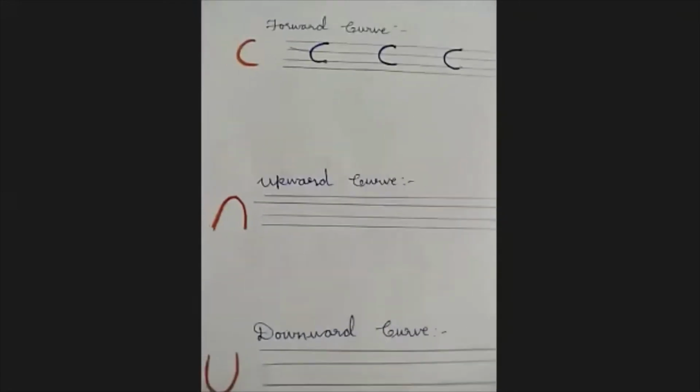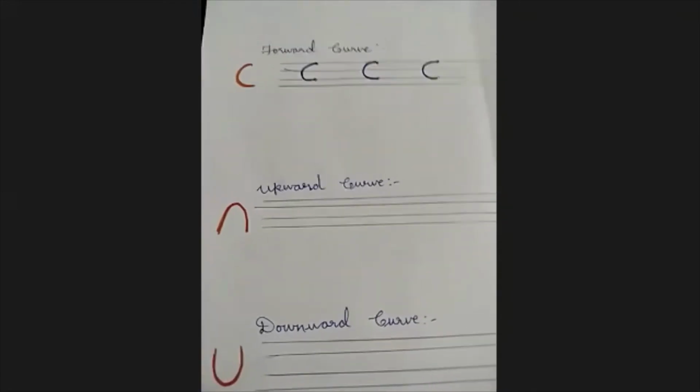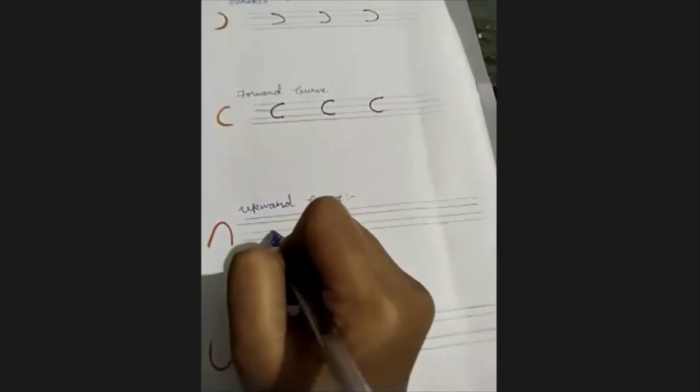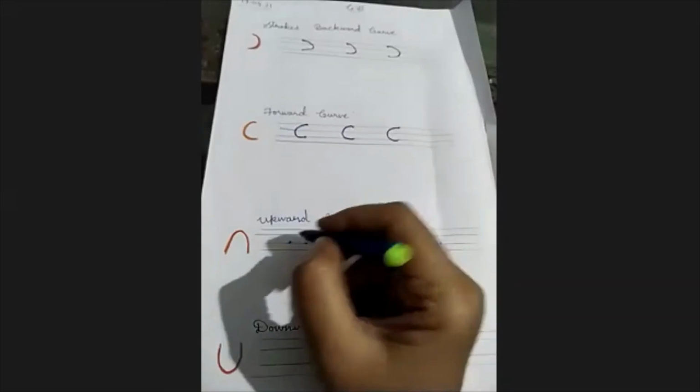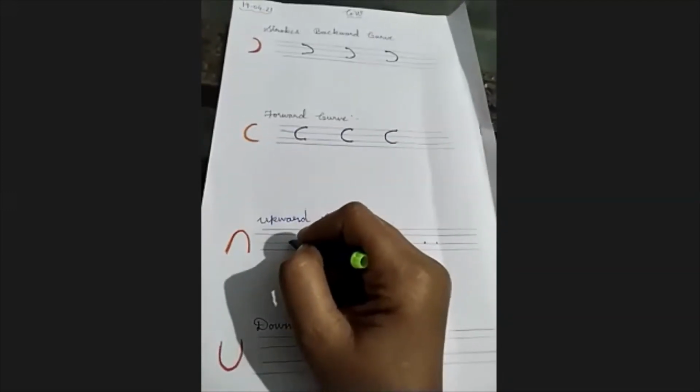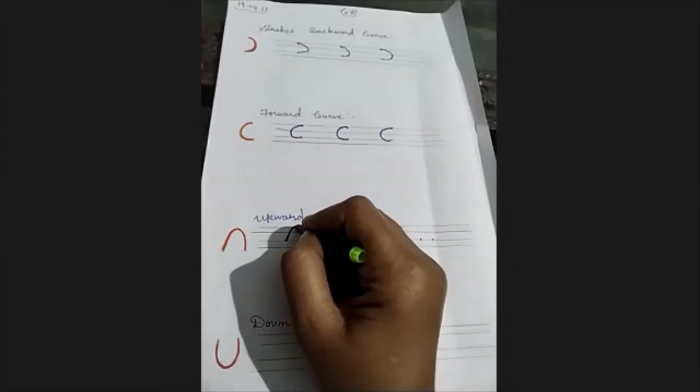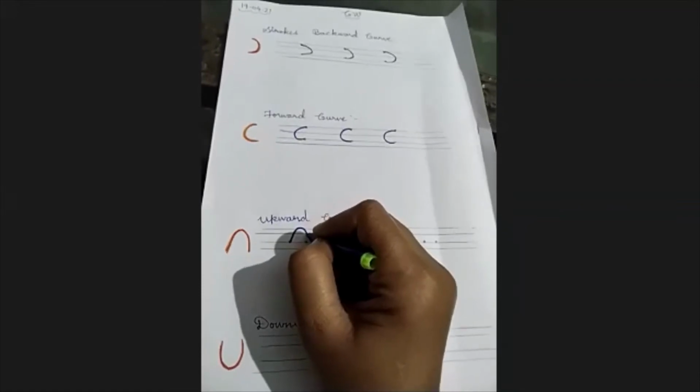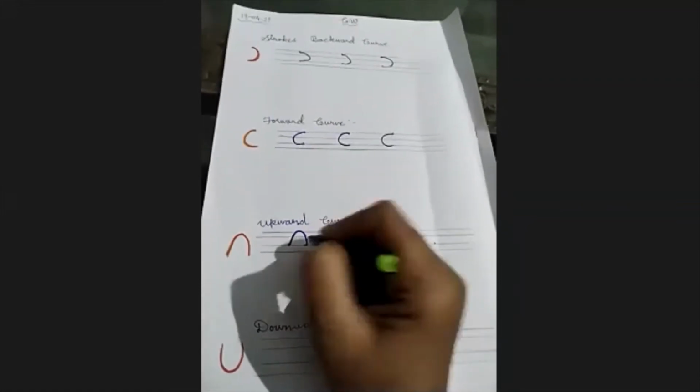Then next, downward curve. So you need to put 2 dots in this way. Mama will put dot for you. Okay, start from down. Go up, touch the red line, come down and touch the dot.